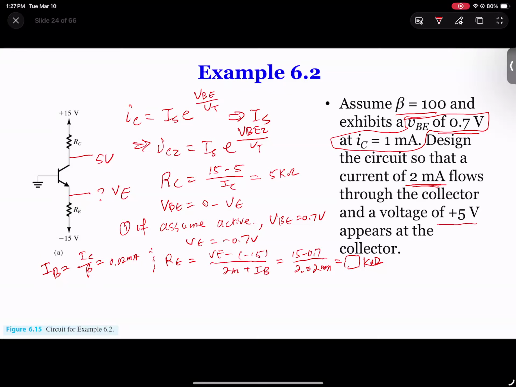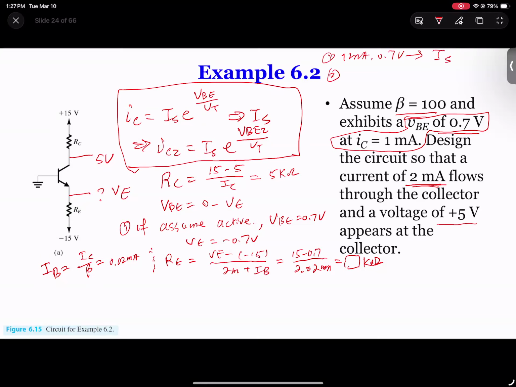Well, from the top, you guys already see here. All you need to do is calculate IS from that 0.7 volts and 1 milliamp. So that's step 1.